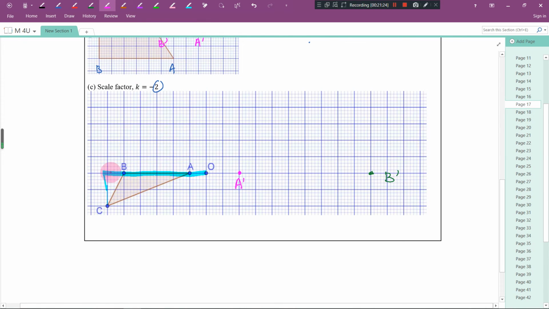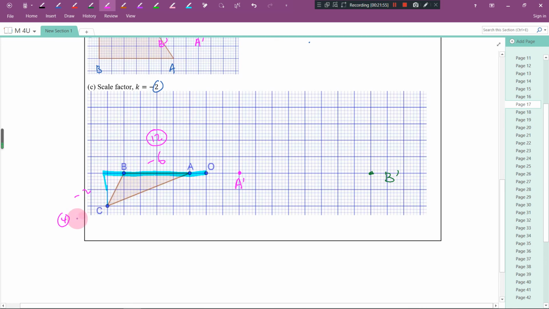Go to your left hand side, you write negative 6. Go down, you write negative 2. And the scale factor is negative 2. Negative 6 times negative 2, you get 12. So negative go to your left, positive go to your right, so that you know the position better. Negative 2 go down, negative 2 times negative 2, you will get 4.